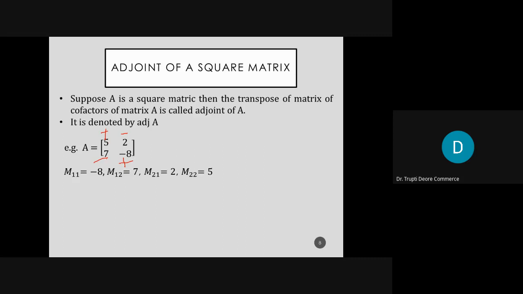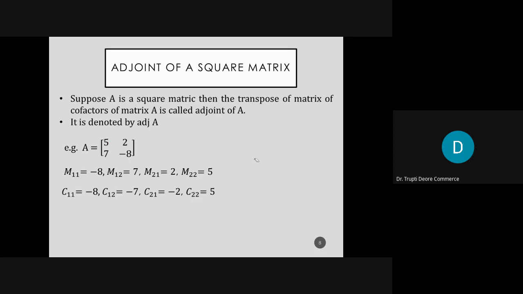So we have to change the sign of these two elements only. The first stays as it is, the second changes, so 7 becomes -7. The third changes, 2 becomes -2. The fourth does not change, so it stays 5. So these are the minors and cofactors of the particular matrix.